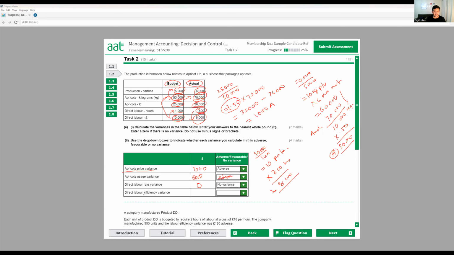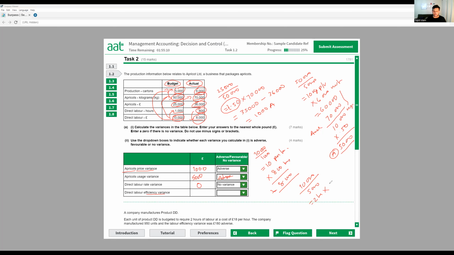The next one, we have the direct labor efficiency variance. So how efficiently have we used the labor hours? Let's have a look. 10,000 labor, the plan was for 5,000 units. So 10,000 divided by 5,000, per unit it was 2 hours.